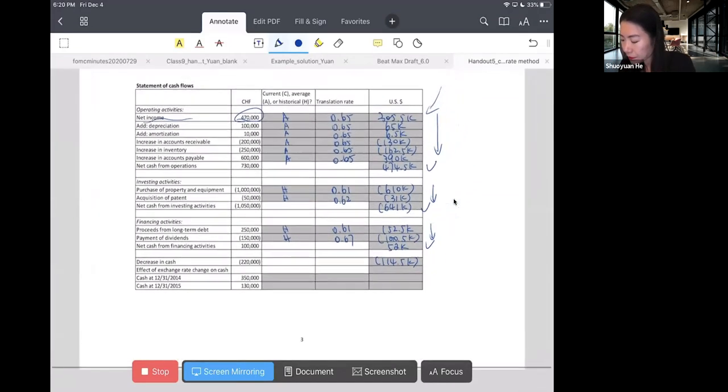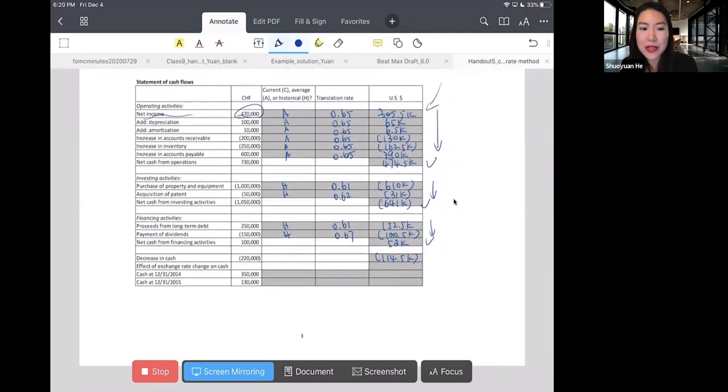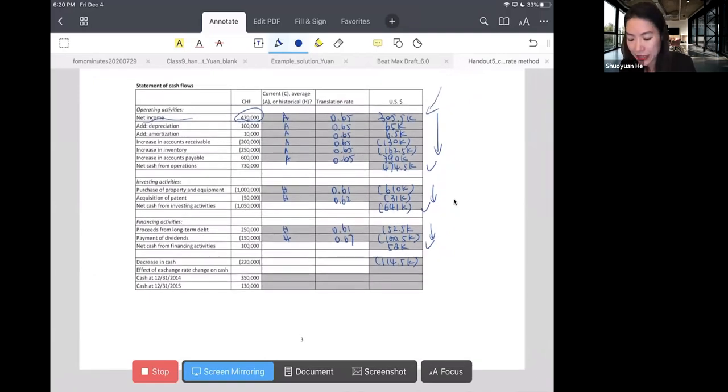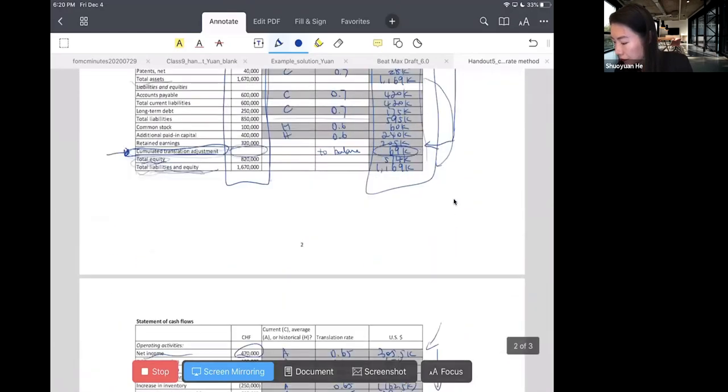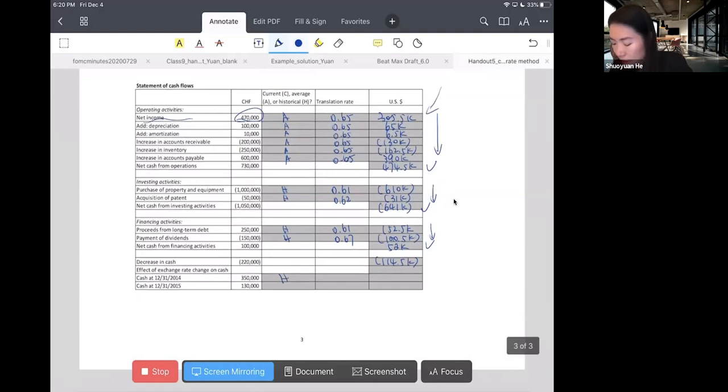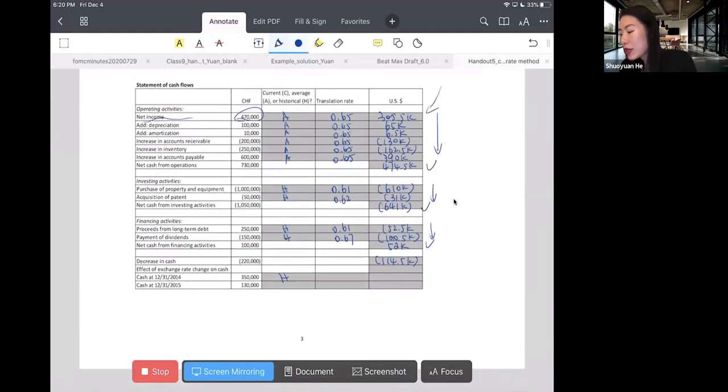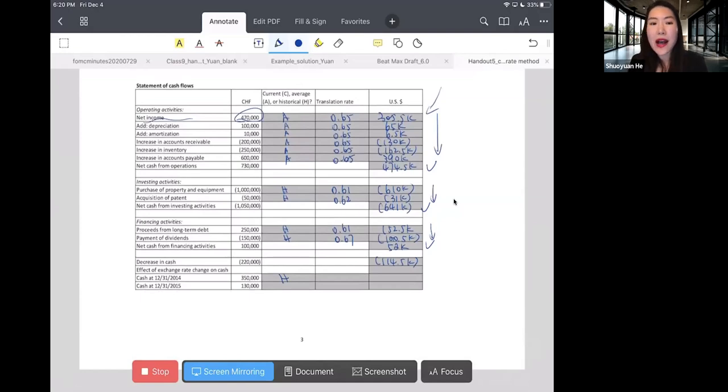And then on your cash flow statement, we have cash at the beginning of the year, to which we apply the historic rate, which is the current rate at the end of 2014. If we're standing at 2015, that is the historic rate, which is 0.6.